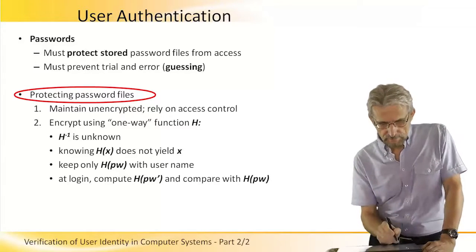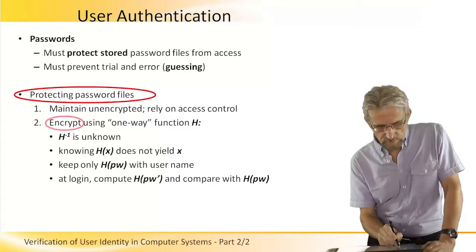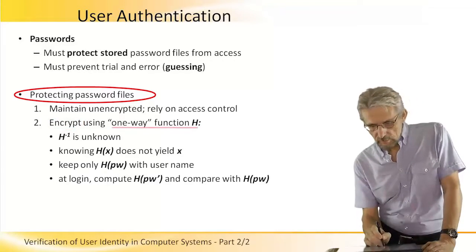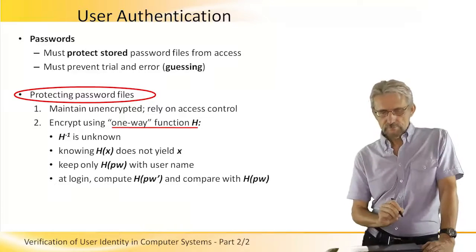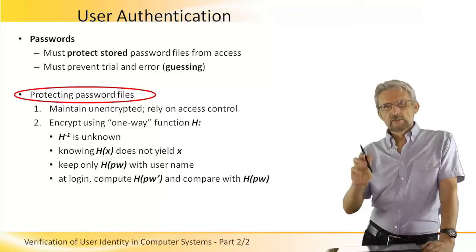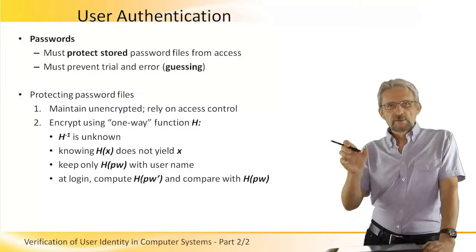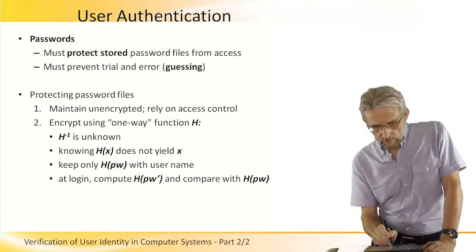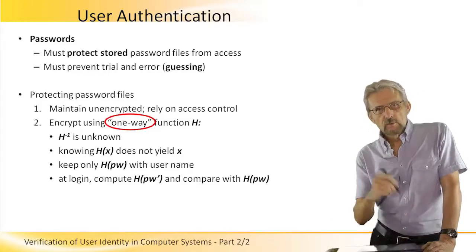So what typically happens, and most systems will actually do this, they will encrypt all the passwords using something called a one-way function. So let's call it H, one-way function. So you take a password, you apply the function, and store the result of that function. Now, one-way means that you cannot go backwards.